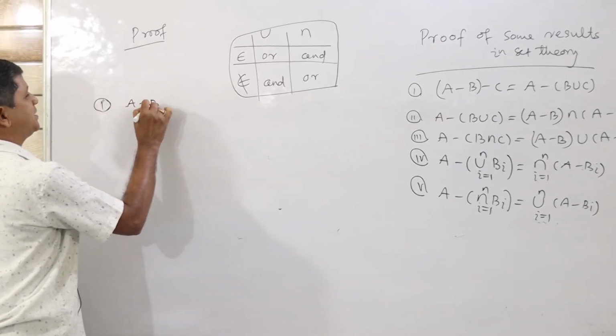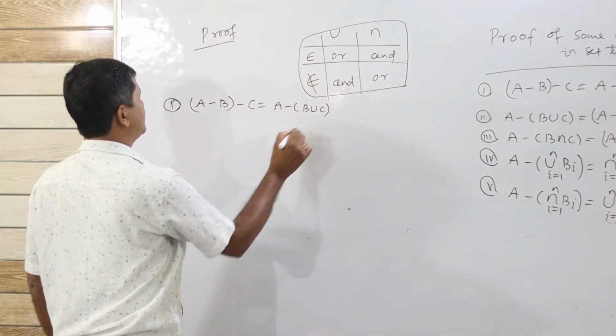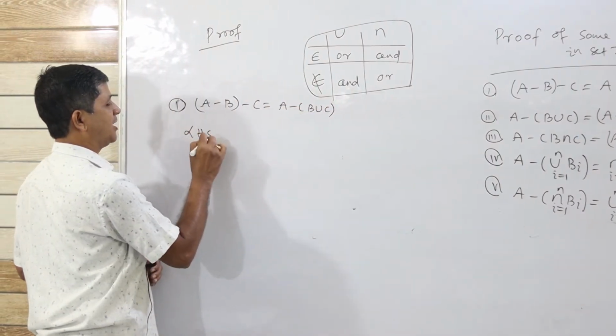A − B − C is A − (B ∪ C). Start from the LHS.